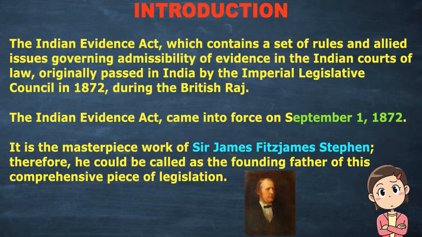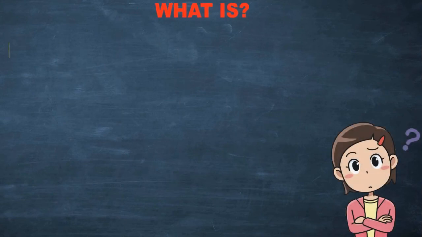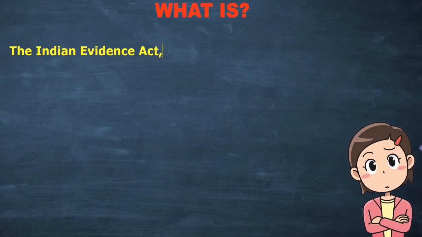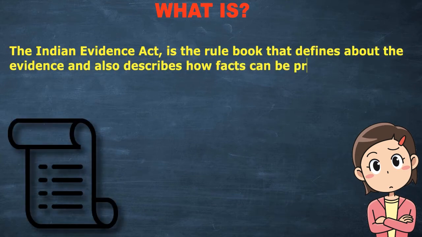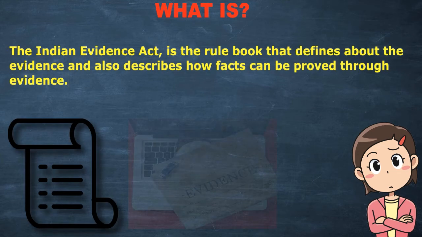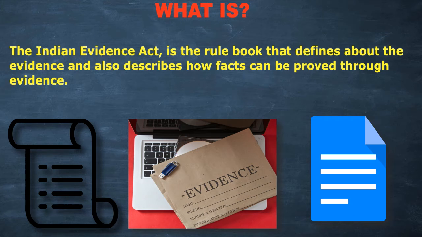Okay, so this is the brief introduction about the act, that is the Indian Evidence Act. Now let's check out what exactly the Indian Evidence Act is. The Indian Evidence Act is the rule book that defines evidence and also describes how facts can be proved through evidence. Remember the four questions that we discussed in the beginning?